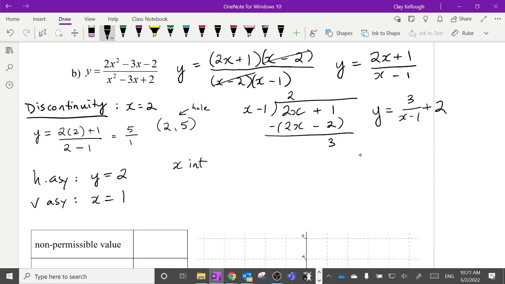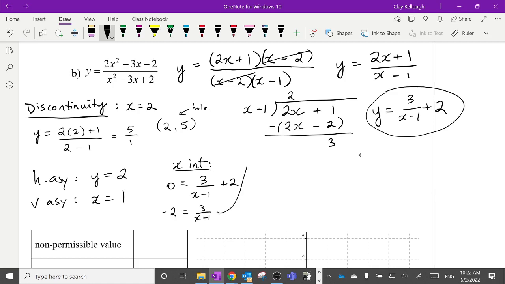My x-intercept, and we just figured out on the last example that we can use our simplified version to do that. So the x-intercept happens when y is 0. So doing a little bit of algebra, the 2 becomes negative when it goes to the other side. Should have given myself more room to do this. So that's going to be negative 2x plus 2 equals 3.